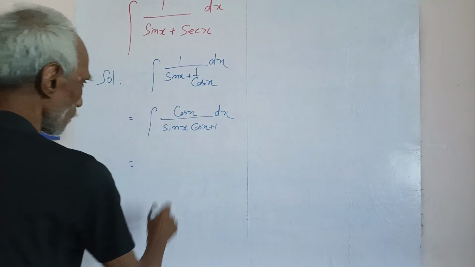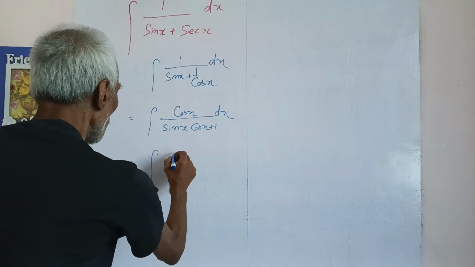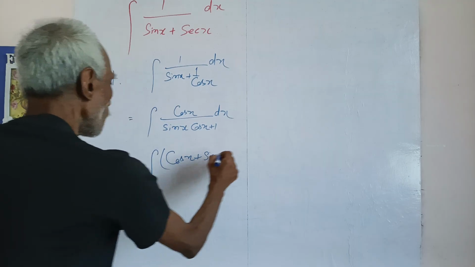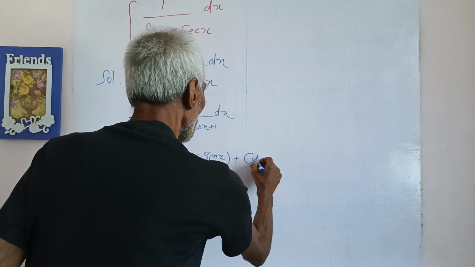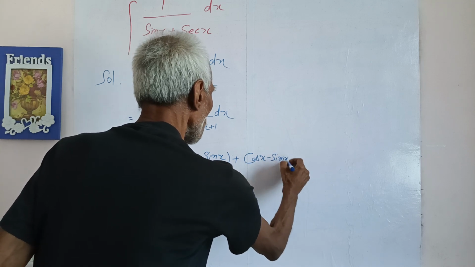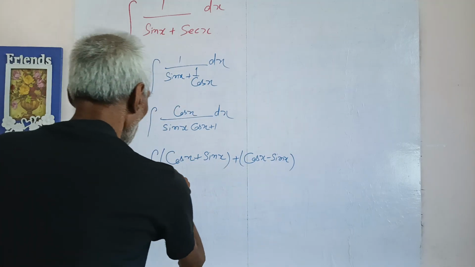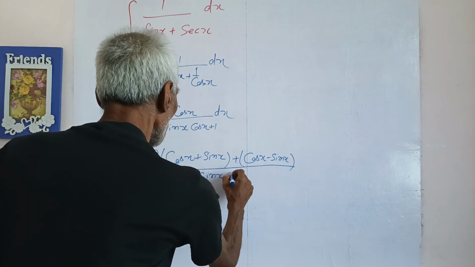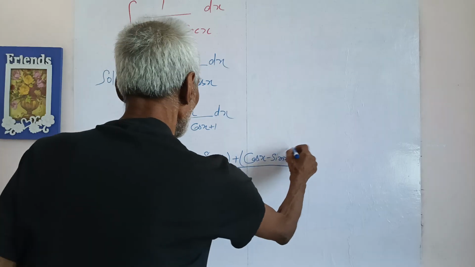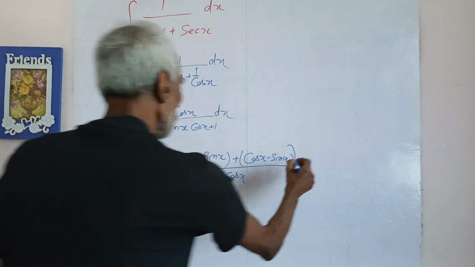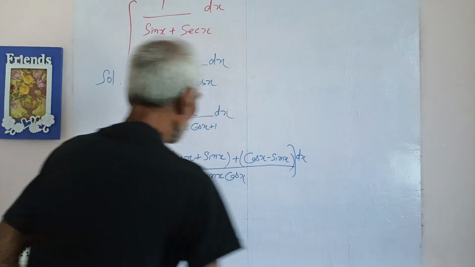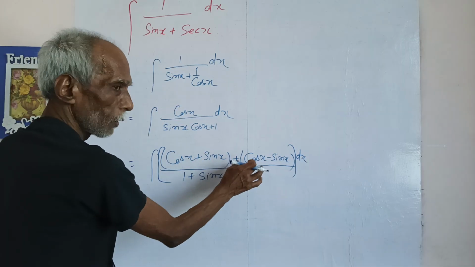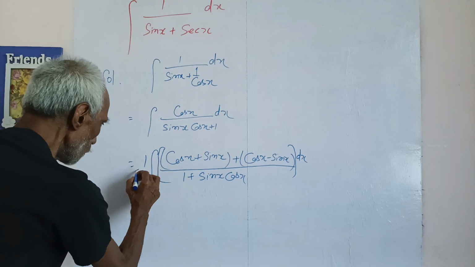Now this part can be written as cos x plus sin x plus cos x minus sin x by 1 plus sin x into cos x dx. But when you write in these two forms, then cos x will be double, 2 cos x. So write here 1 by 2.